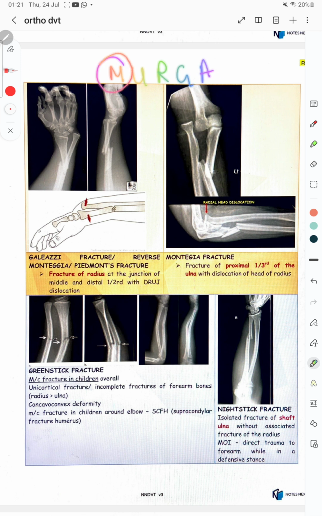So it is Monteggia with ulna, M with U, and GRA, Galeazzi with radius fracture.